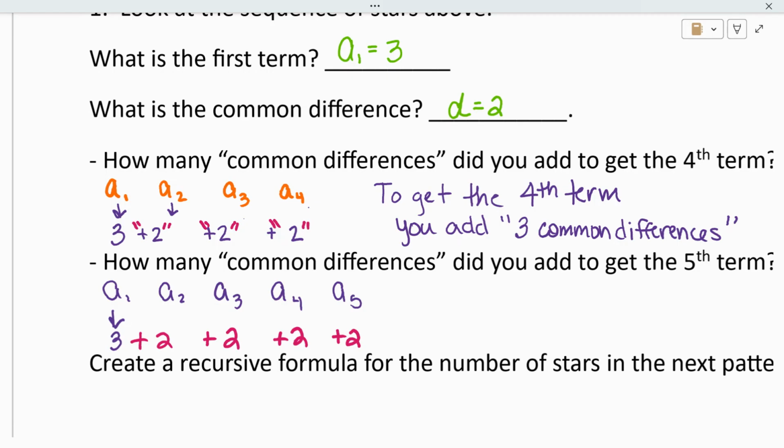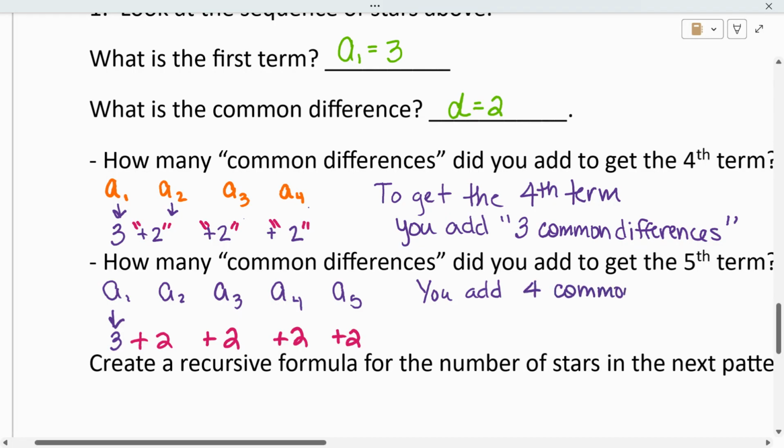You add 4. You add 4 common differences to get the fifth term.